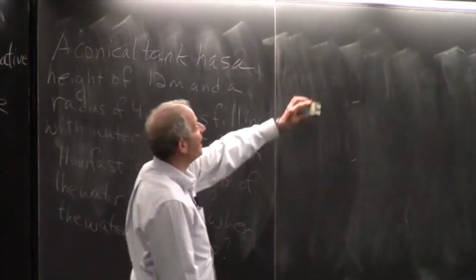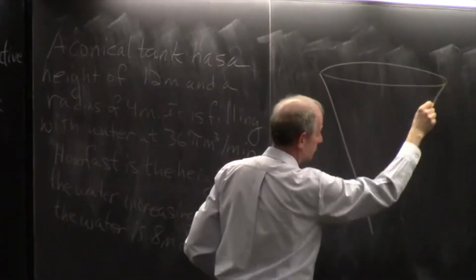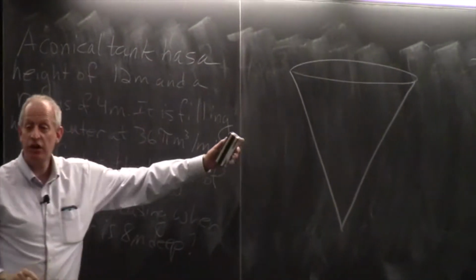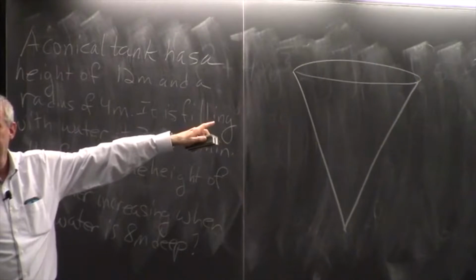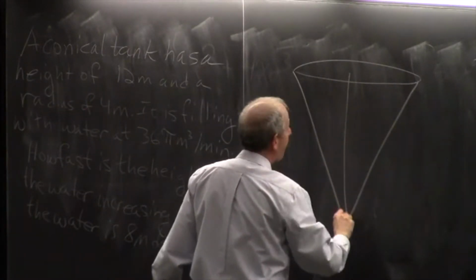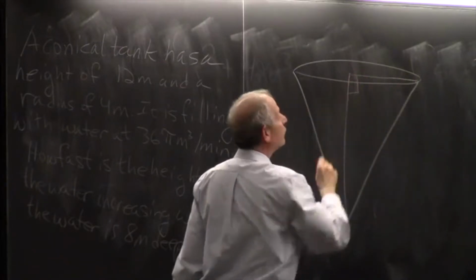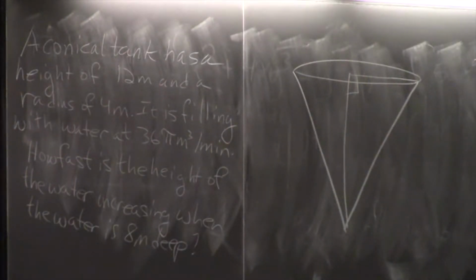Alright, we have a conical tank. That is a cone. The great thing about a right circular cone is that the radius and the height are always perpendicular to each other.